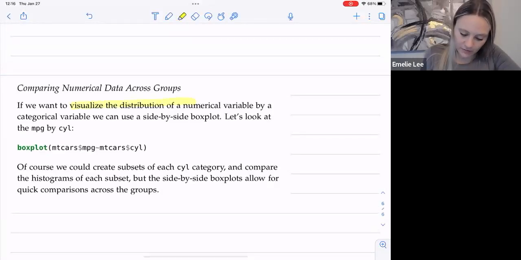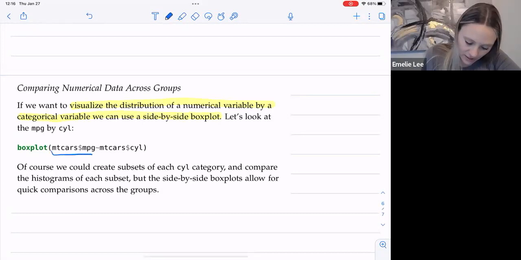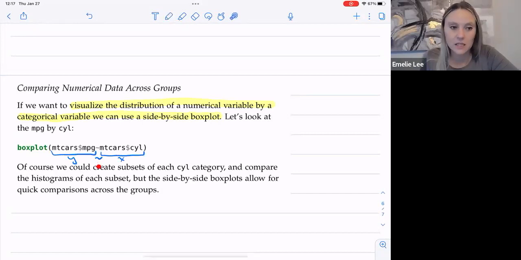If we want to visualize the distribution of a numerical variable by a categorical variable, we can use a side-by-side box plot. What we can do is say, this is my y variable tilde x variable. Just to emphasize, this is a tilde here. If I use a box plot, it takes this command, y tilde x.